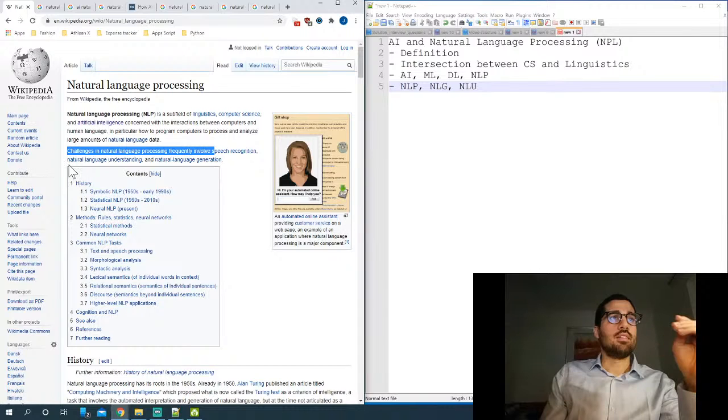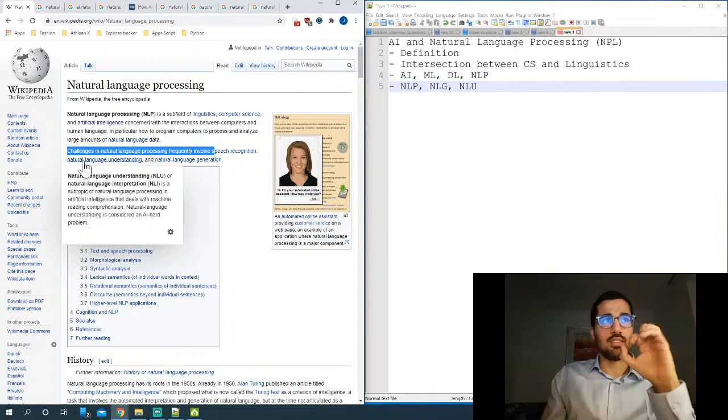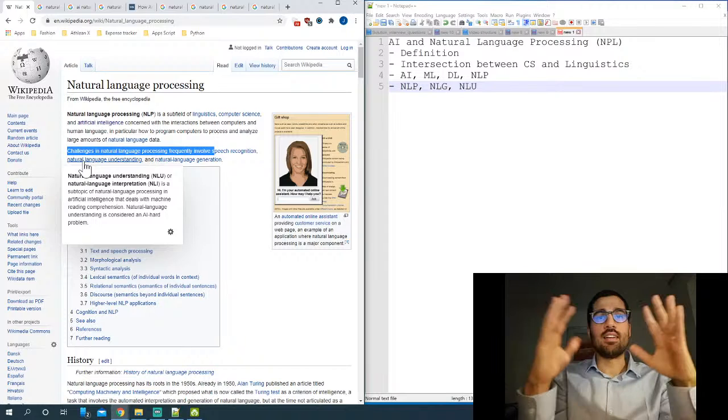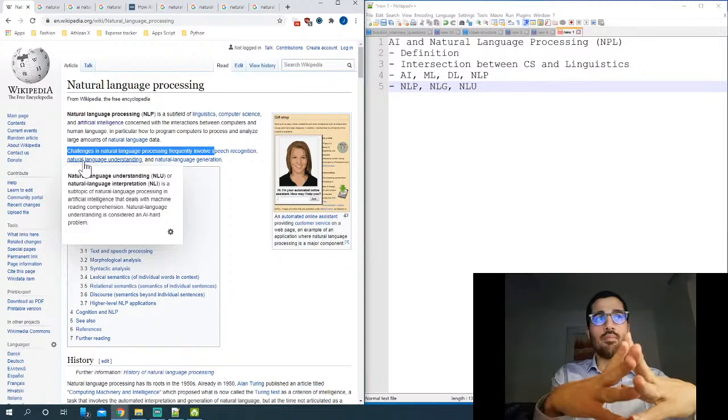Natural language understanding. So once we have converted the sound to text, we have to process that text, and the computer has to understand the meaning of the text.